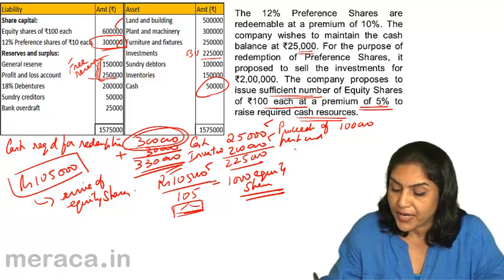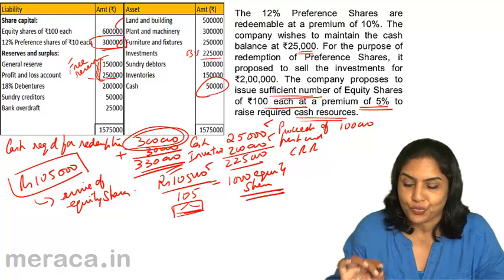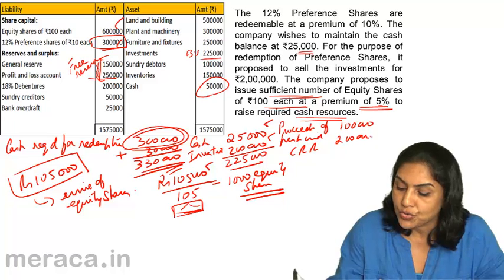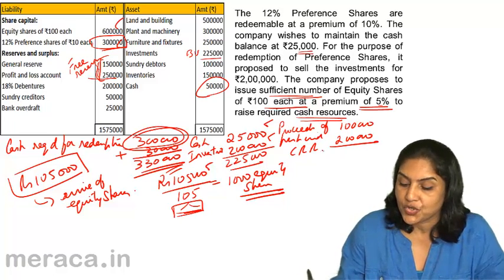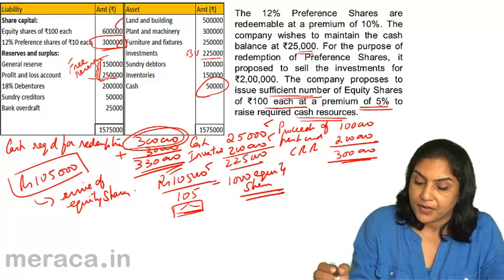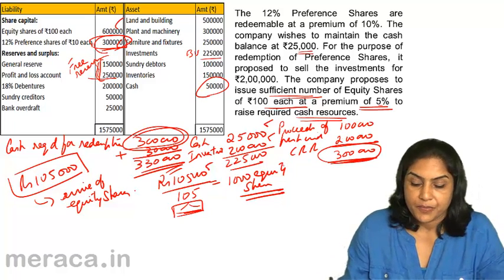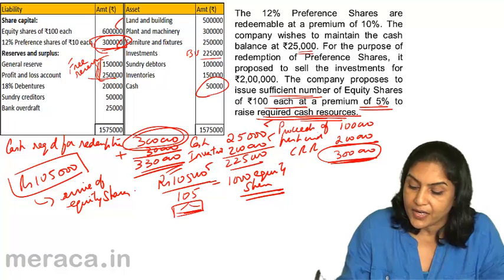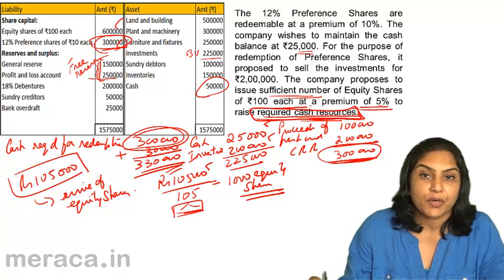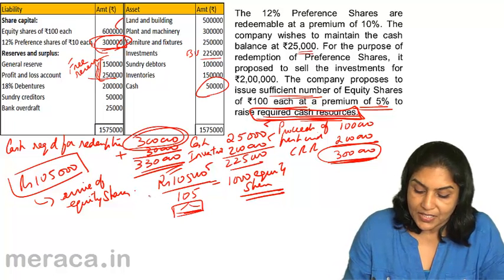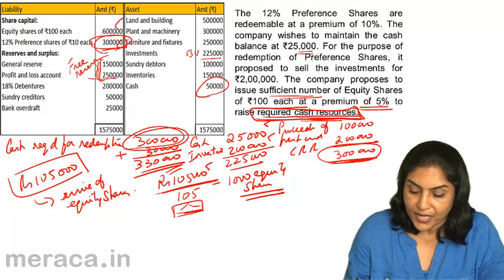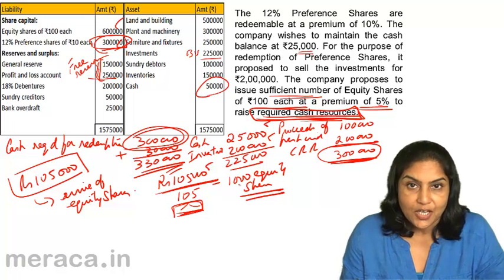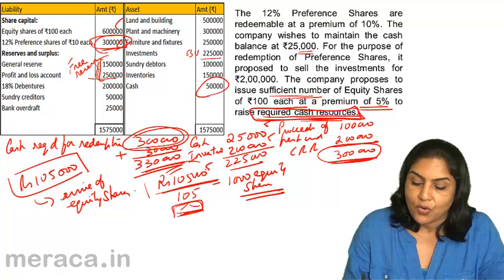If proceeds of fresh issue is 1 lakh, and if free reserves of 2 lakh are transferred to capital redemption reserve, it covers 3 lakh preference share capital to be redeemed. I repeat, in this instance, we needed to find out the required cash resources. We were not talking about the capital structure, which is why the balance 1,05,000 cash resources which is required is divided by 105, the issue price of the share, to find out the number of equity shares we require to issue so as to raise 1,05,000.